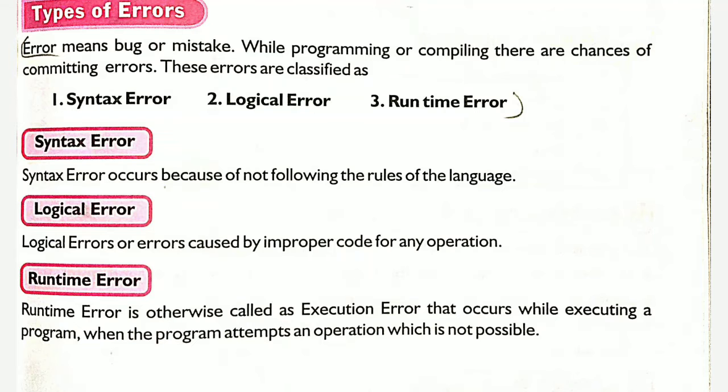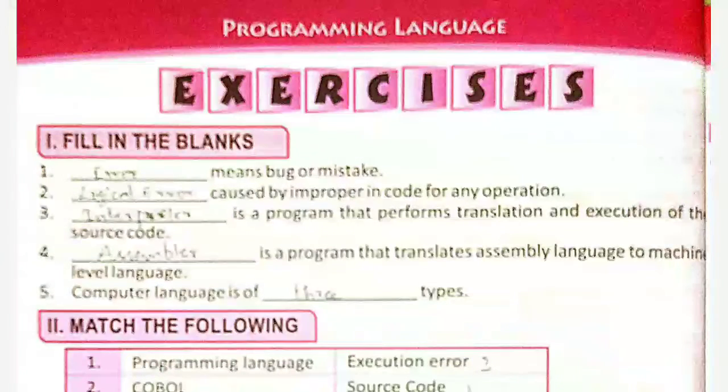In the next page you can see that there are some exercises. Dash means bug or mistakes. Error is the answer for the first fill in the blank. Next is logical error, caused by improper code for any operation. Third one is interpreter. Interpreter is a program that performs translation and execution of the source code.